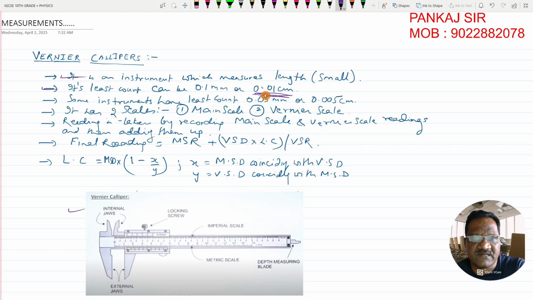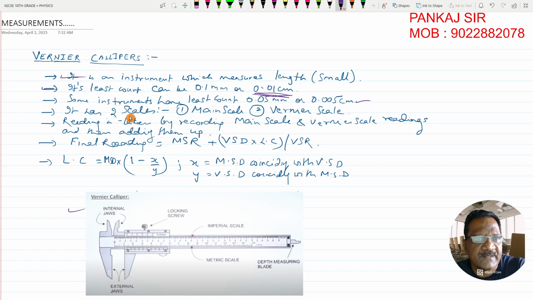So there are various least counts that can be found in the vernier caliper. And the third point is some instruments have a least count of 0.05 millimeter or 0.005 centimeter. As I told you, the least count can vary for a vernier caliper, right?